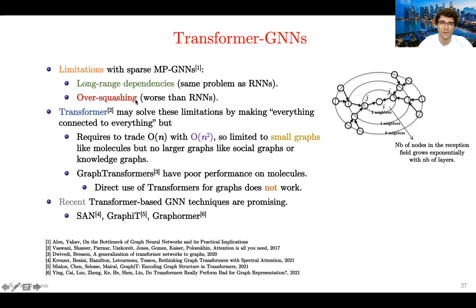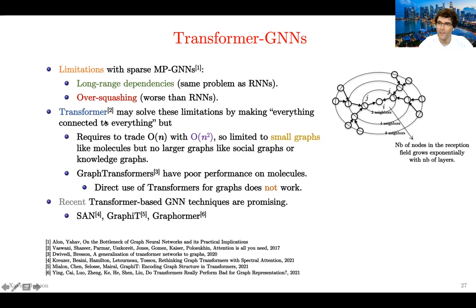Another problem is over-squashing, identified by Alon and Yahav. Basically, if you want to get the representation of this vector, it will aggregate the information of all the layers. So this is actually worse than RNNs, recurrent neural networks, because you just have a line graph.